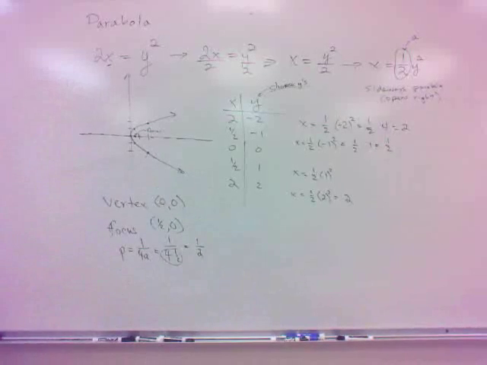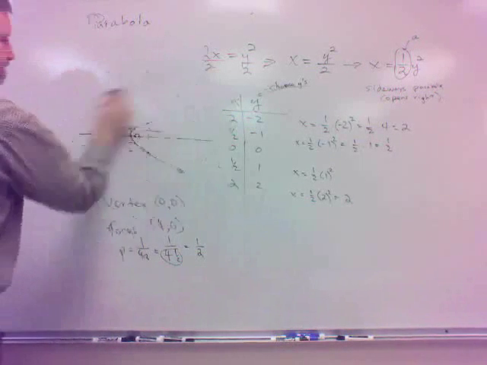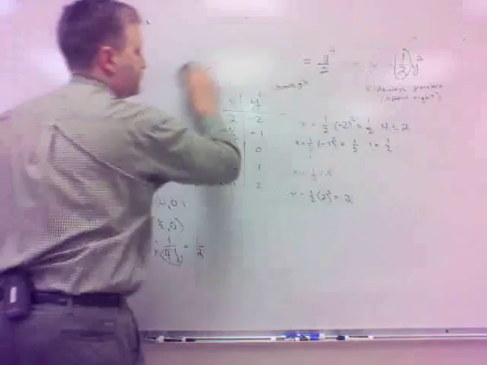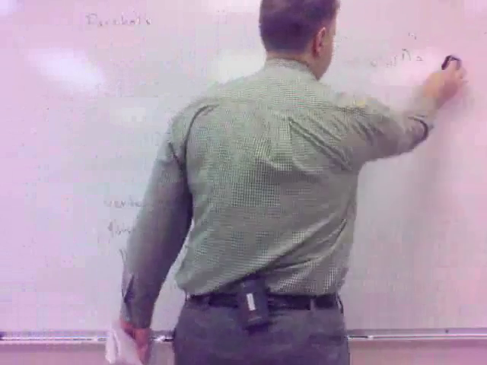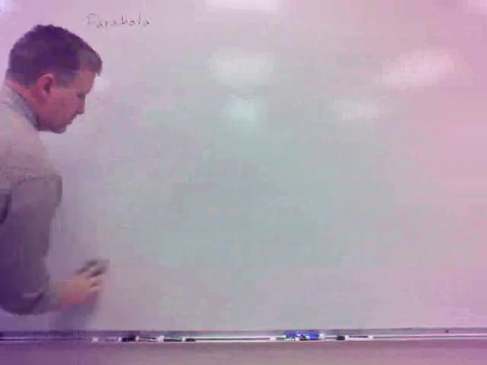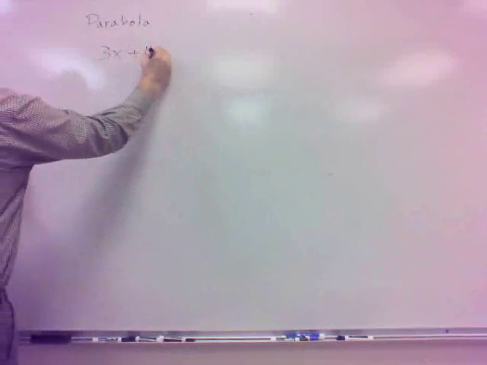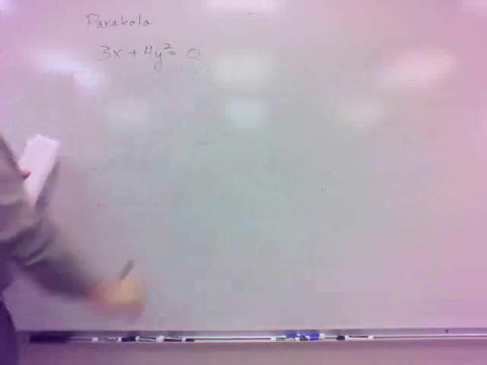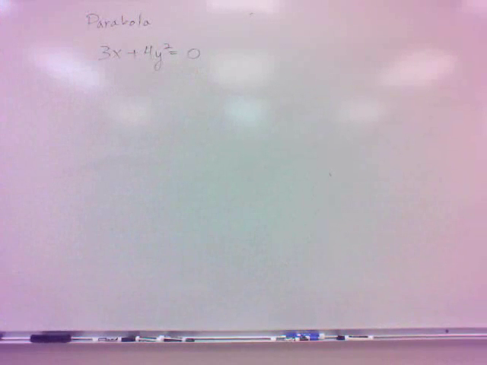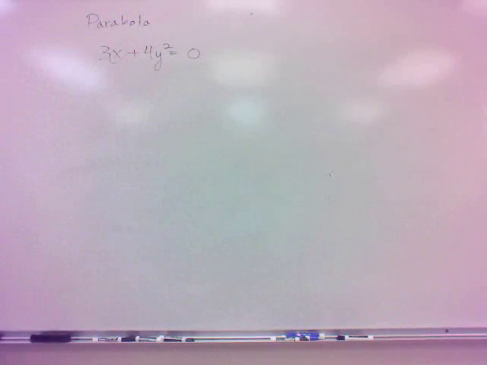All right. Let's do another here. And that one would be 3x plus 4y squared equals 0. What do you think I'm probably going to do there for that one? Probably going to make it x equals. Move the other stuff over.